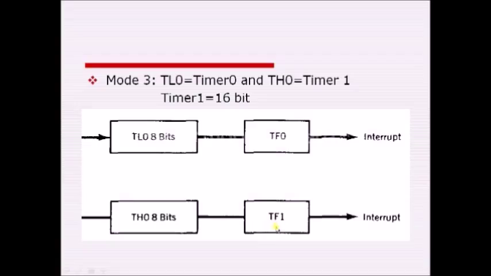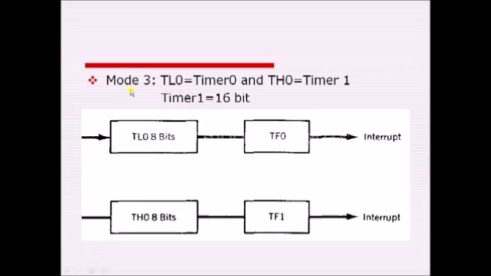So TF1 has become 1 just because of TH0, because it is now treated as timer 1. There is no TR bit and no TF bit for the original timer 1.